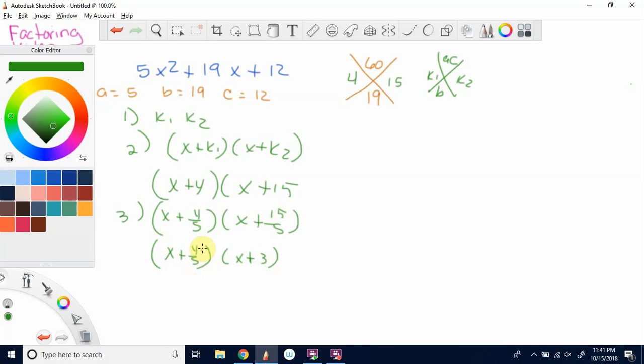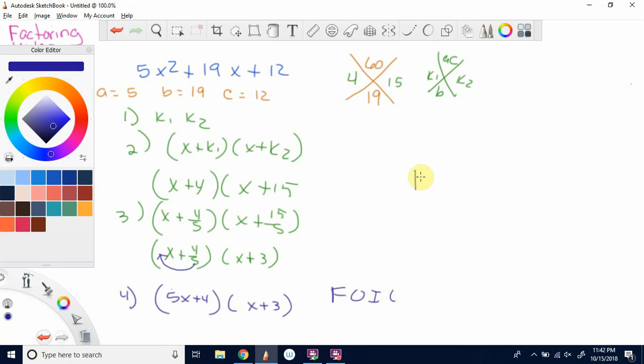If you don't end up with an integer for K1 and K2, then the denominator, 5, just simply moves here. That's step 4, so it becomes 5x plus 4 times x plus 3. And this is what we got the first 2 times. And we can check it again by doing the FOIL method.